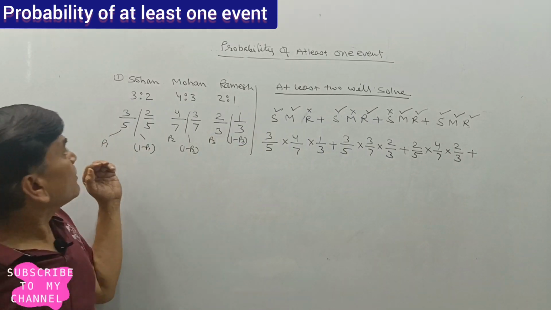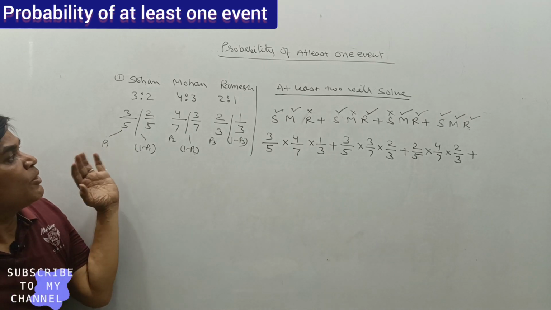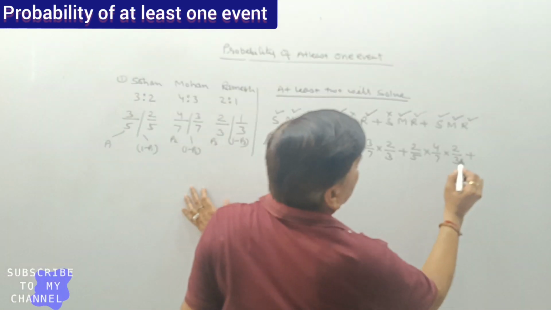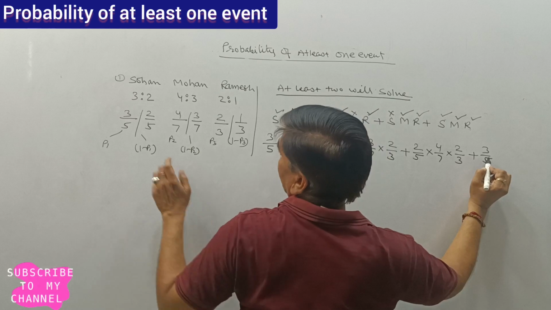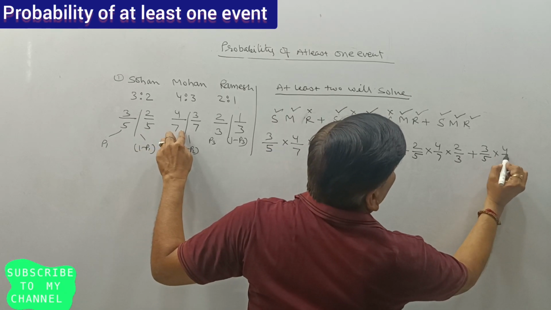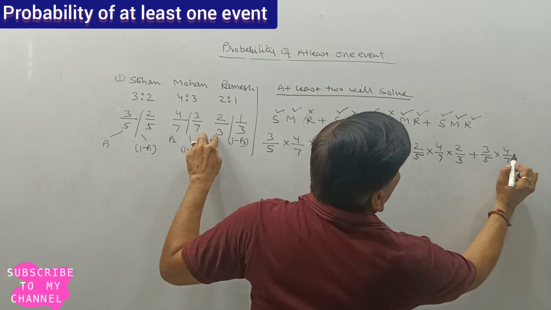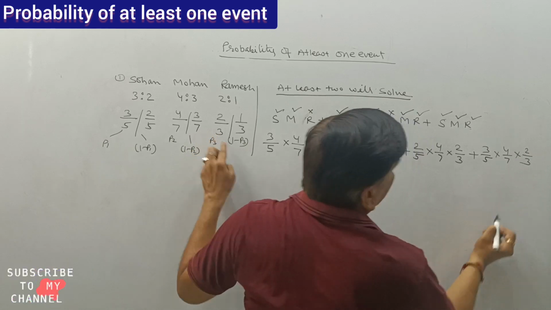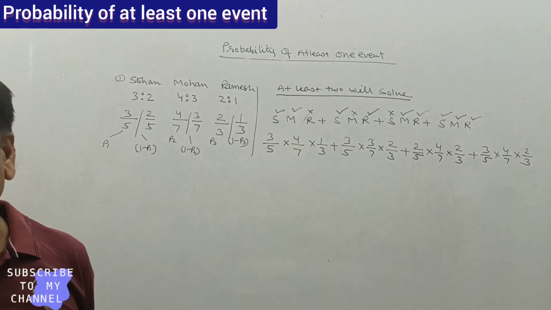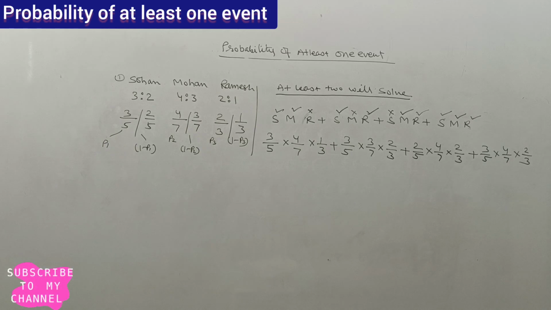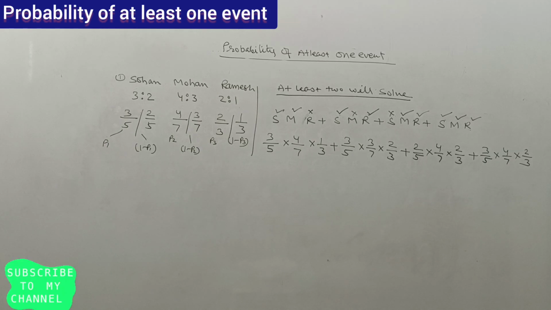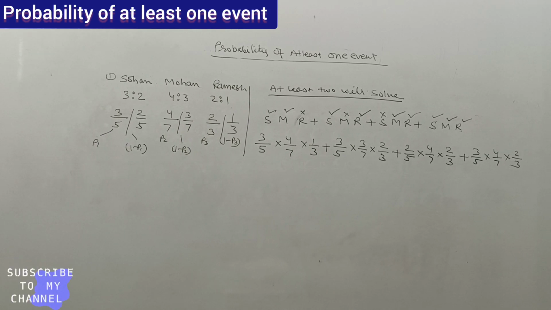And last one, probability of solving by Sohan, Mohan and Ramesh all: 3 upon 5 multiplied by 4 upon 7 multiplied by 2 by 3. So if the probability of at least 2 events is to be calculated, then we will use this type of method.